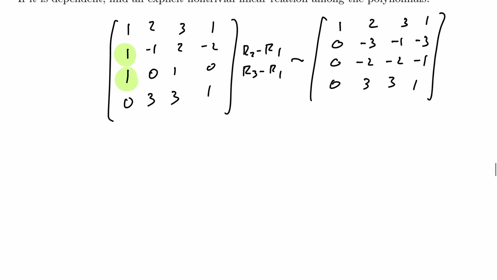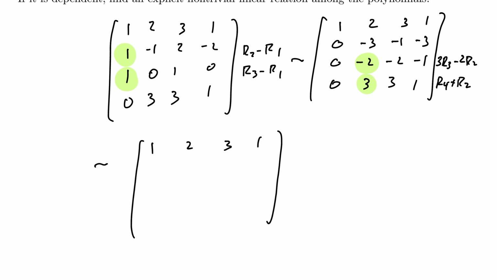Continuing on, I now want to make this entry a 0, and this entry a 0. To do that, I'm going to take 3 times row 3 minus twice row 2. For this one, I'm just going to take row 4 and add that to row 2. So the top row is unchanged.